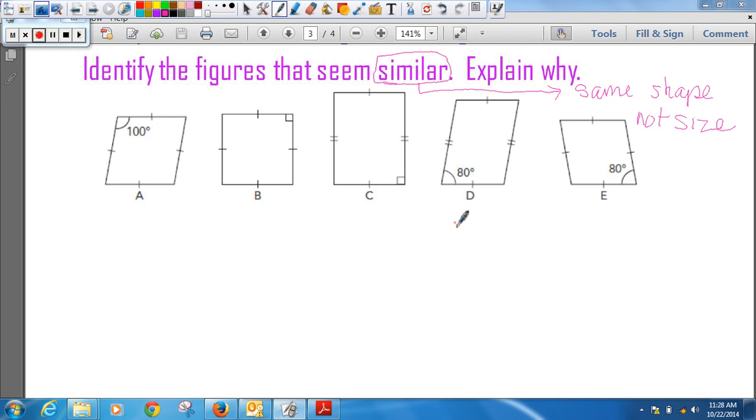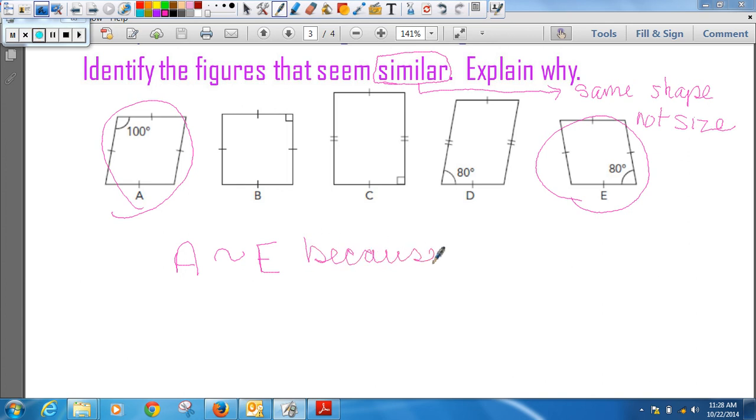So if I look here, A looks like it's the same shape as E. So I would say A looks similar to E, so I'm going to use my symbol, because they are the same shape. The other ones are not the same shapes as each other, so they don't look to be similar.